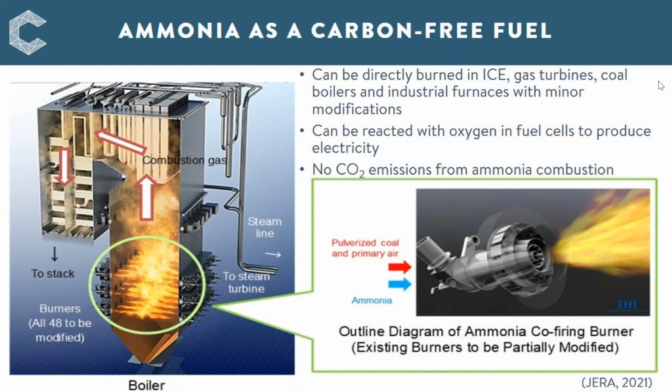It is challenging to burn ammonia in existing combustion systems due to its lower energy content and reactivity. However, studies reveal that the technical challenges of burning ammonia and the resultant emissions of nitrous oxide and nitrogen oxides can be tackled using existing technologies.